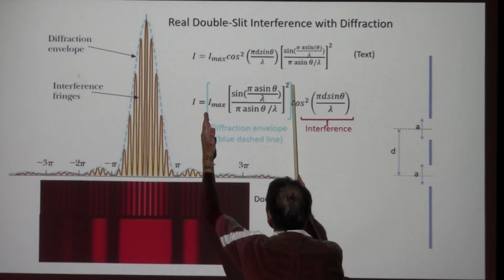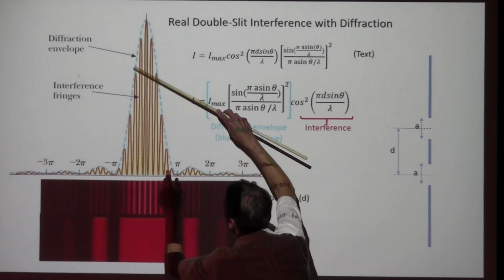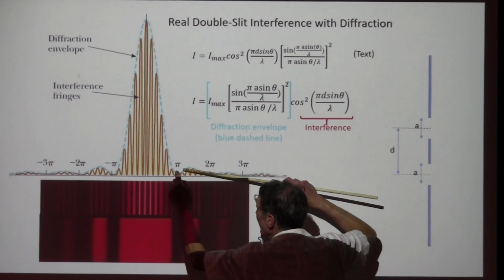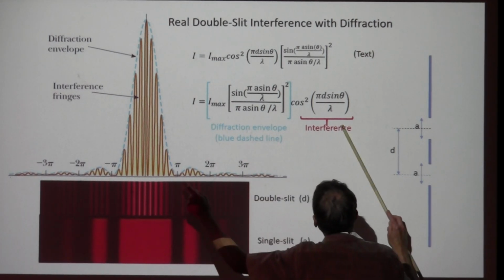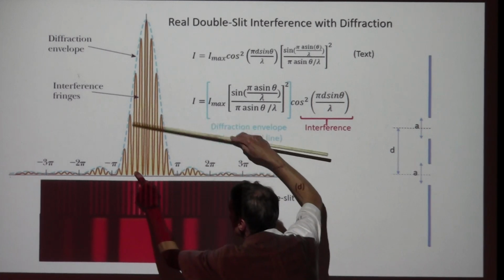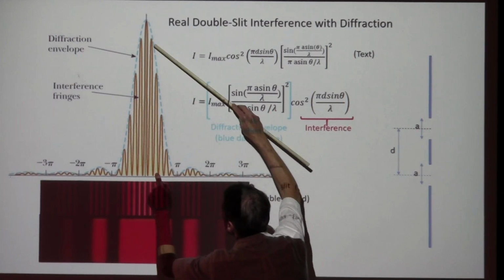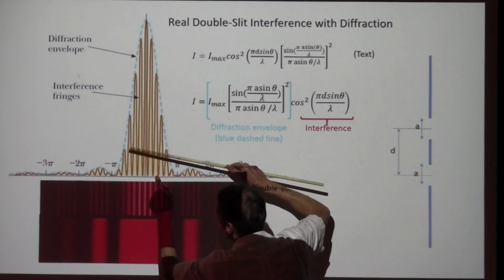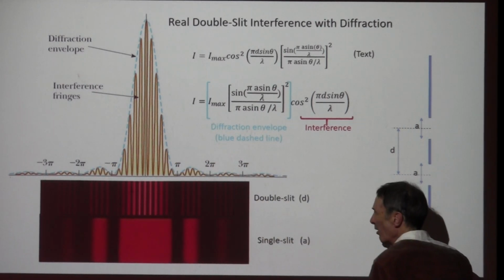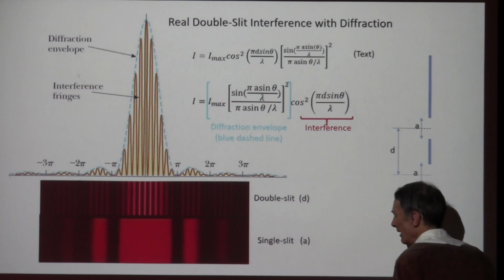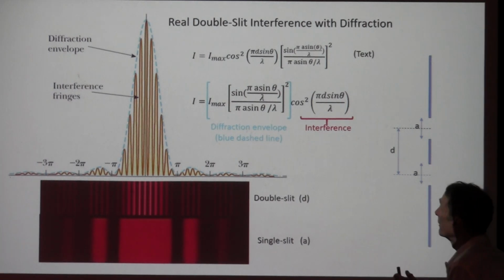This term, this blue dotted line, this indicates the maximum brightness that it could have. And then inside this we have the interference pattern, and the amplitude of these is controlled by the amplitude of the diffraction pattern. So hopefully these pictures can help you kind of see what's going on.